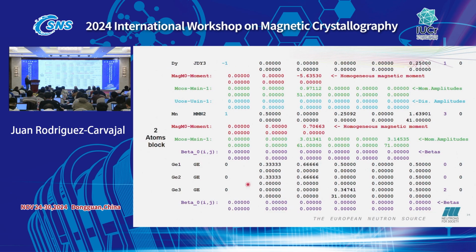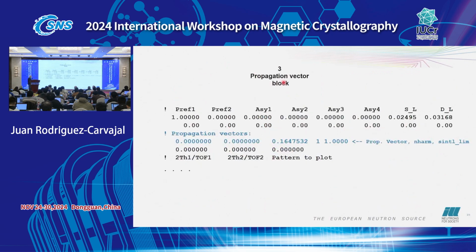This is the atom block. Here you always have the M0 moment, which corresponds to the homogeneous magnetic moment for the propagation vector equal to 0. And then you finally have the propagation vector block, in which you provide the value of the propagation vector.